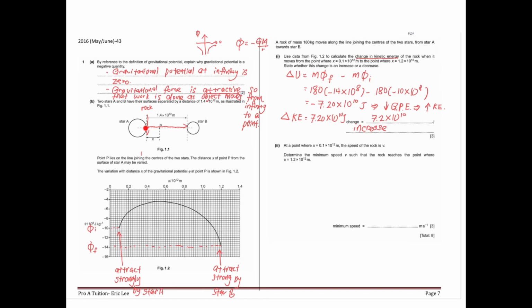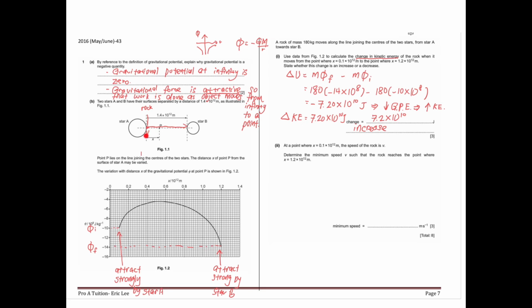So likewise, this rock, as you can see on figure 1.1, needs to overcome the attraction. You see the graph here, the attraction is kind of strong, it's -10, is kind of strong. Okay, the attraction is kind of strong. The rock needs to overcome the attraction, so it needs a particular speed.